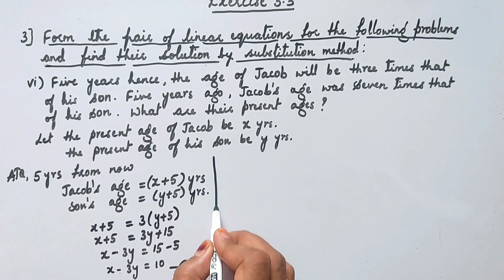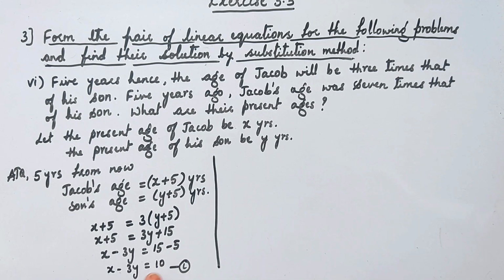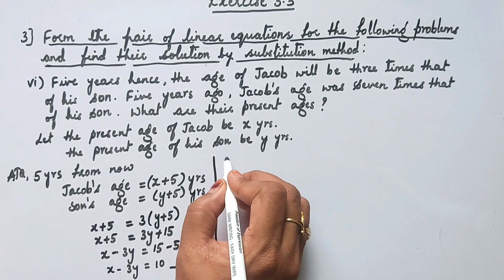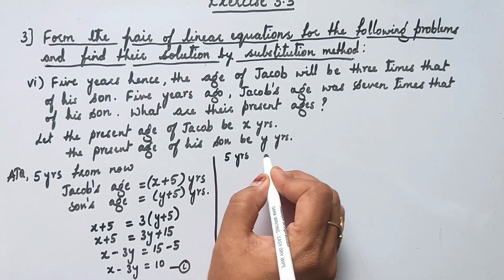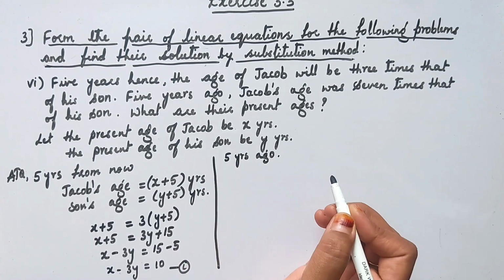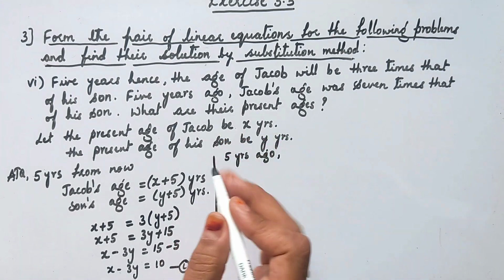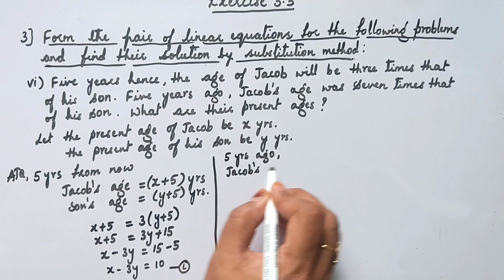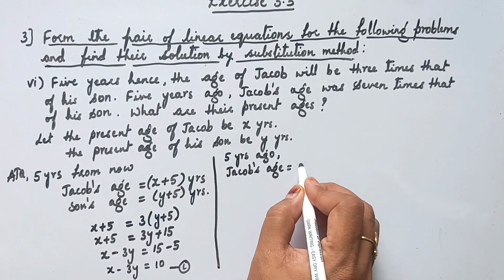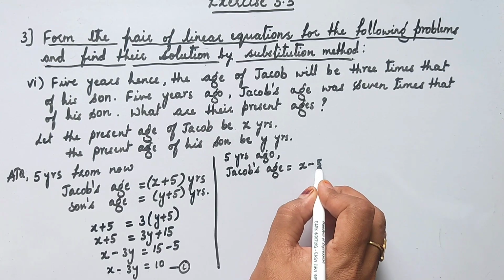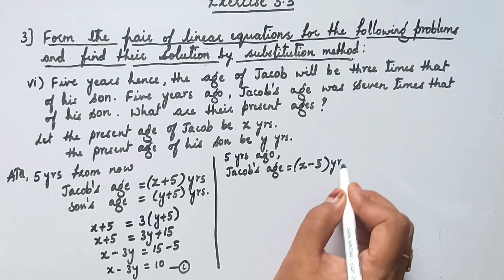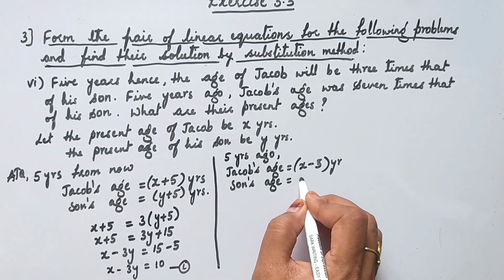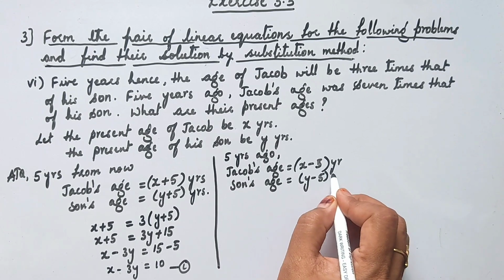Now again for the second linear equation, you can see 5 years ago. I'll write here 5 years ago. It was past. 5 years ago, Jacob's age is x minus 5 years and the son's age is y minus 5 years.